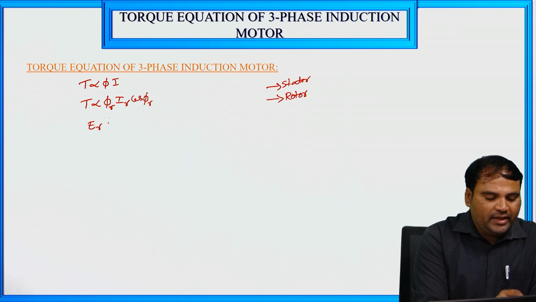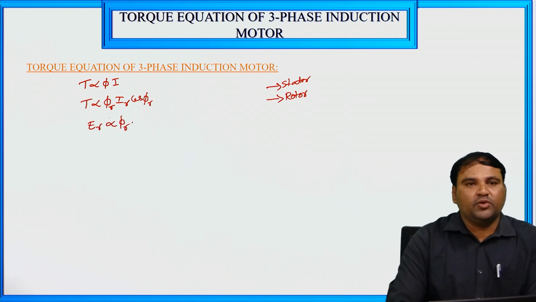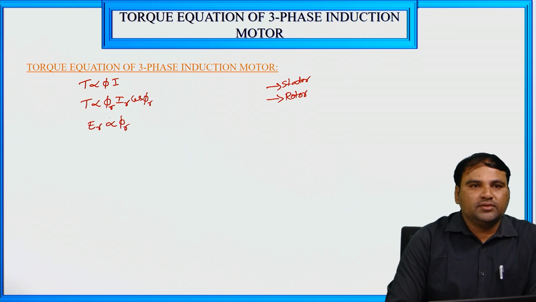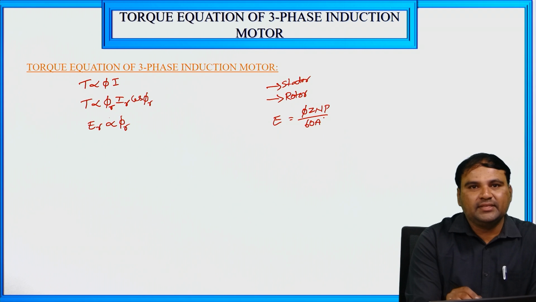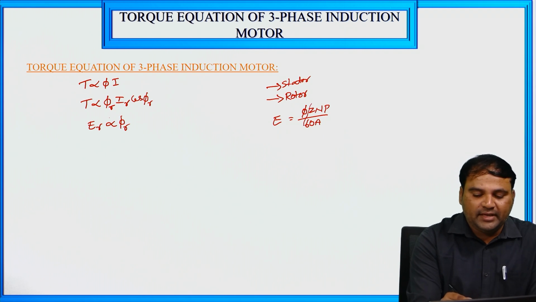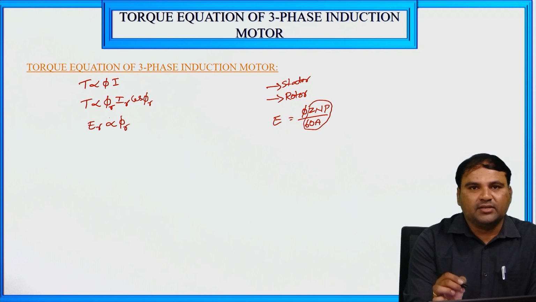The rotor EMF is always directly proportional to rotor flux, so ER is directly proportional to phi R. We know the EMF equation E equal to phi ZNP divided by 60A, in which ZNP by 60A is constant.